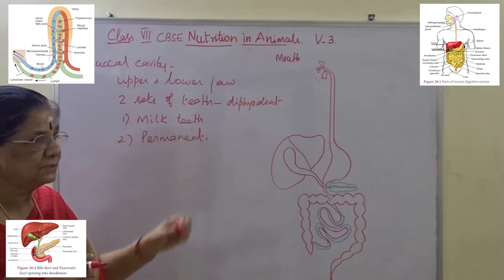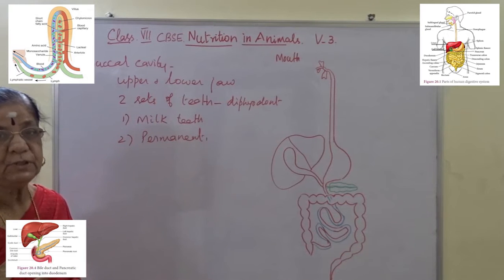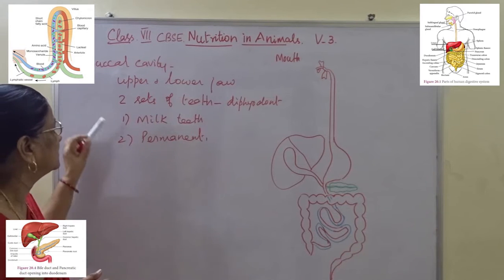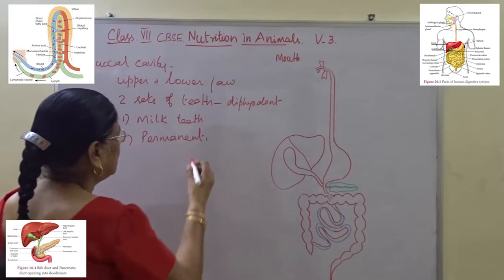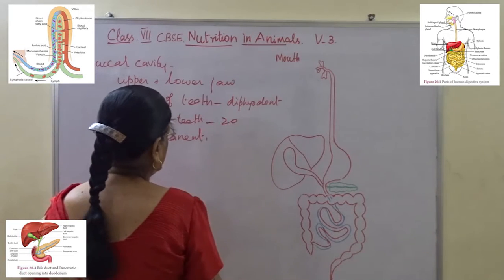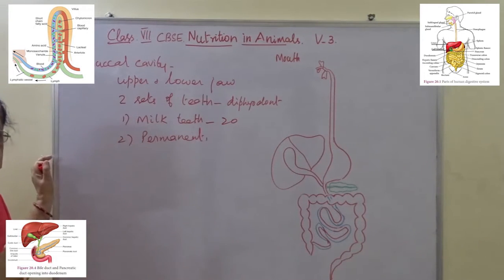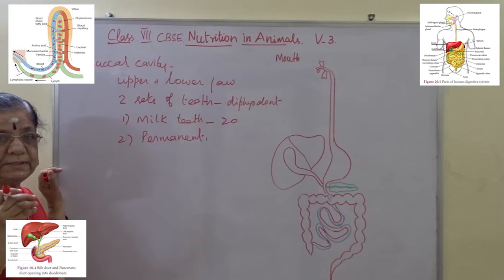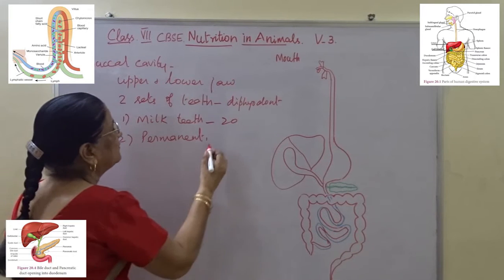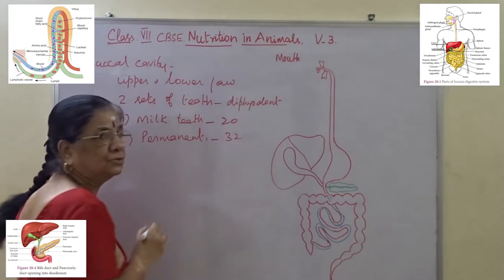In childhood, there are 20 milk teeth, and they are replaced by permanent teeth, where there are 32 teeth.